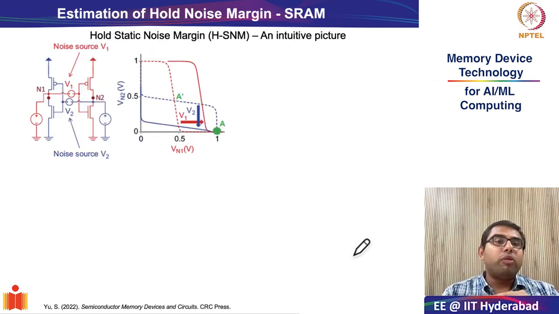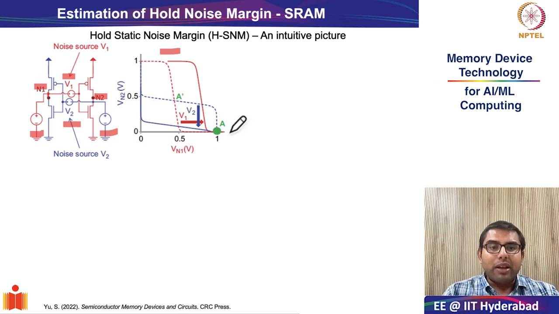In this graph, we will see how to estimate the hold static noise margin of an SRAM cell. As I discussed earlier, in hold static noise margin, you assume that the internal storage nodes, in this case N1 and N2, are being disturbed by constant DC sources, in this case V1 and V2. The original VTC characteristics are shown in this graph using dotted lines.